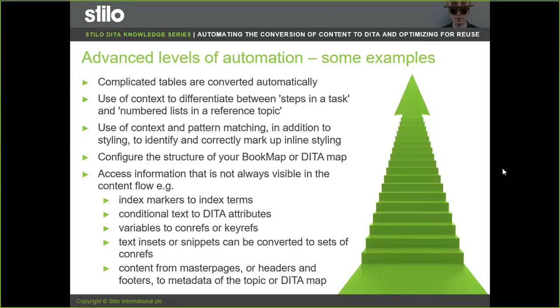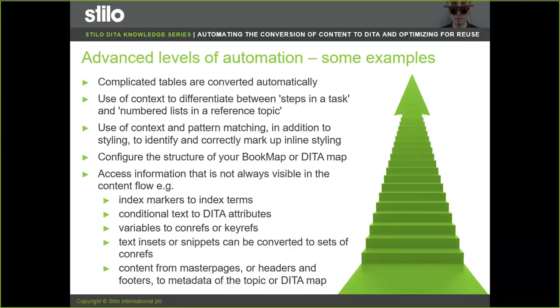The next thing on the list, again, let's mention that we do use styles in our conversion, and typically what you'll see in an automated conversion is a mapping between a paragraph style and a DITA element. And this is great, and we do this a lot because you can get a big chunk of the work done that way.